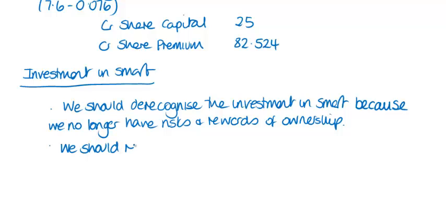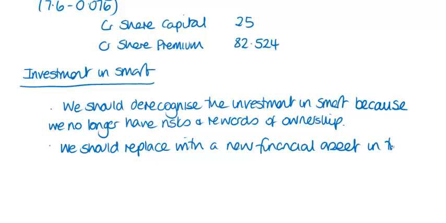We should replace this with a new financial asset in the shares in Given. So the shares are currently in our accounts at a value of 5 million. We have received shares in Given worth 5.5.